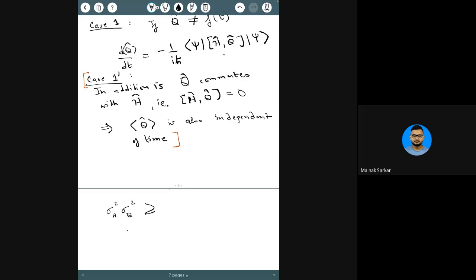Then this is greater than or equal to 1 by 2i, the commutator HQ, whole square, expectation value of this.